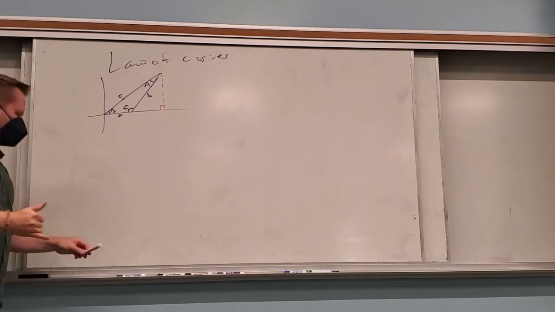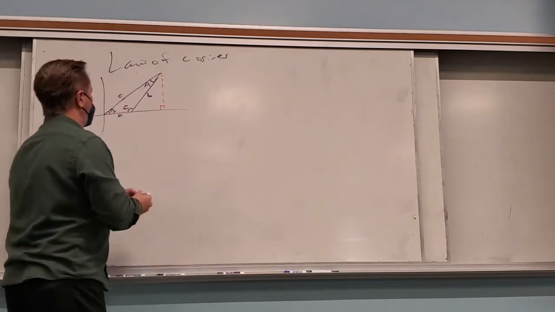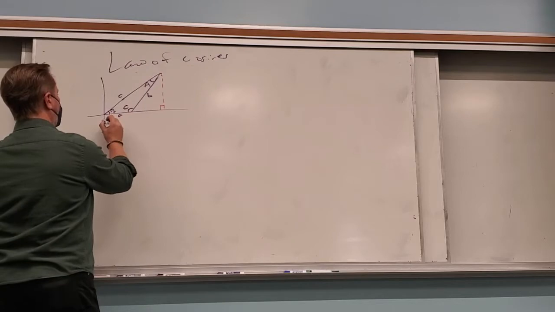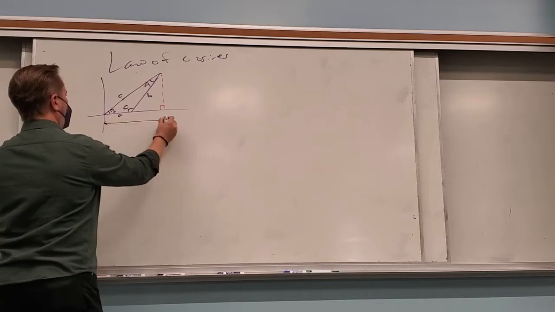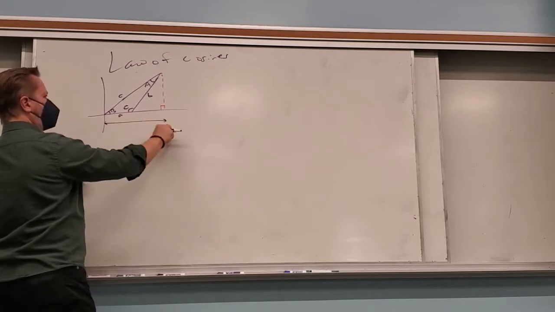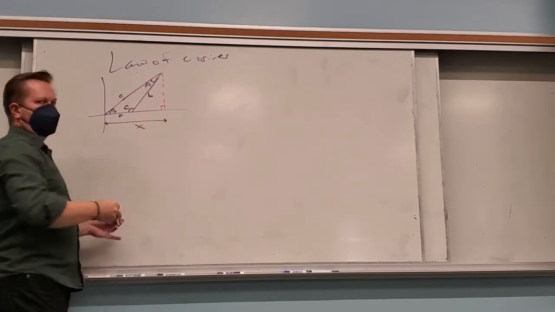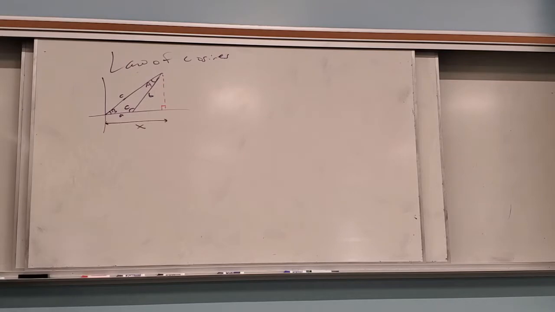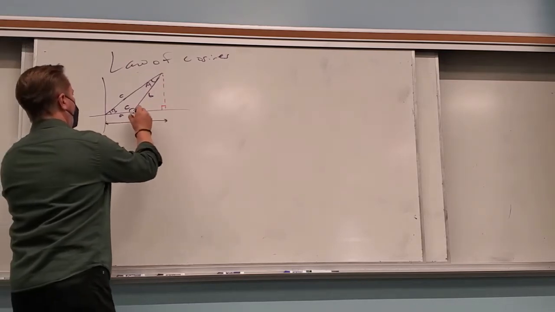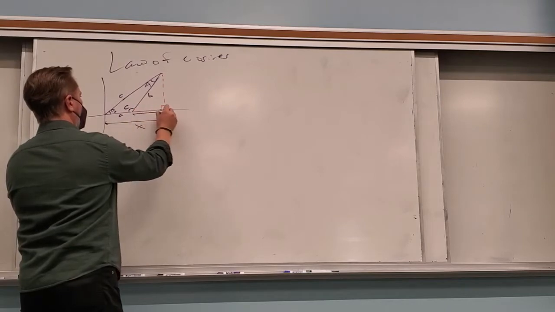Okay, so let me say that this whole thing, how long is this new kind of triangle? We'll say it's x. Kind of makes sense, because it's the x-axis. Can anyone tell me how long this is here?